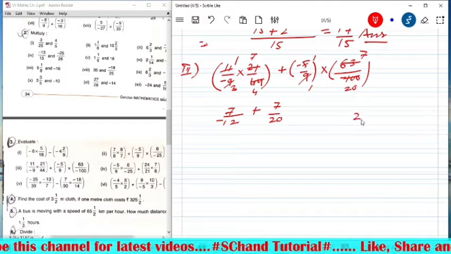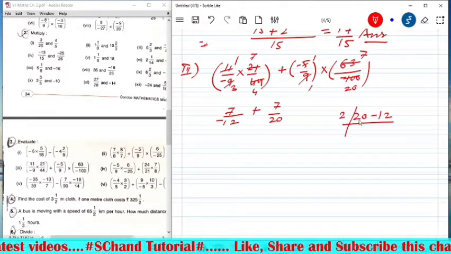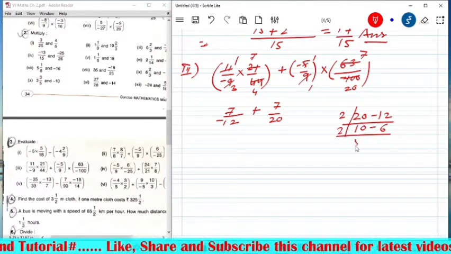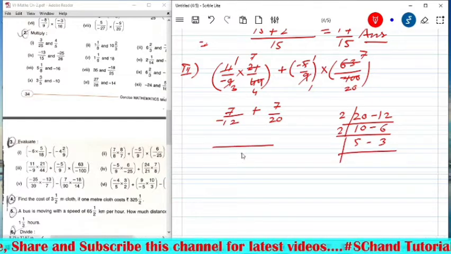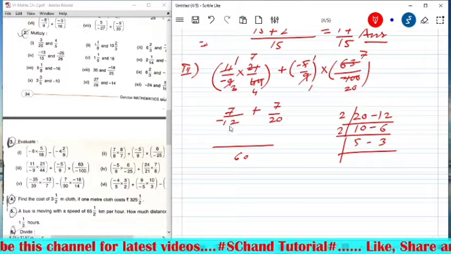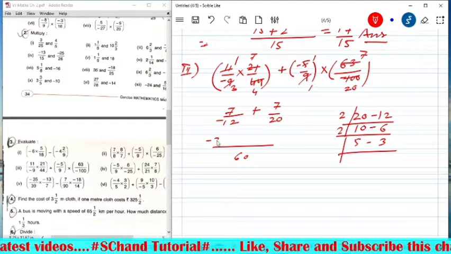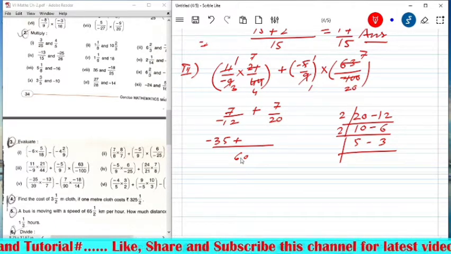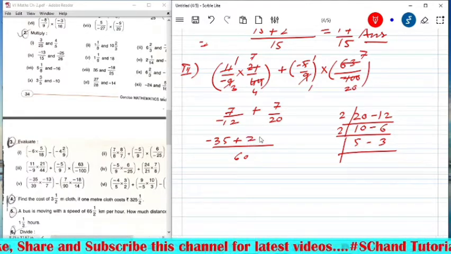So again we have to take the LCM of 20 and 12, so LCM will be 60. 60 divided by 12 is 5, 5 into 7 is 35, plus 3. 60 divided by 20 is 3, 3 into 7 is 21.